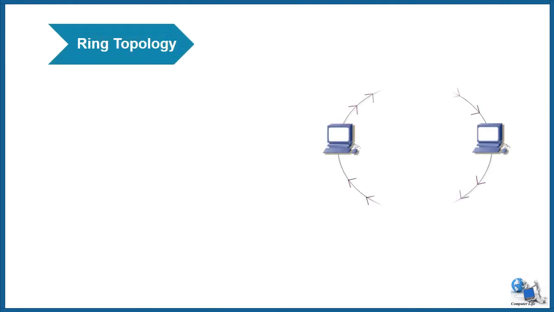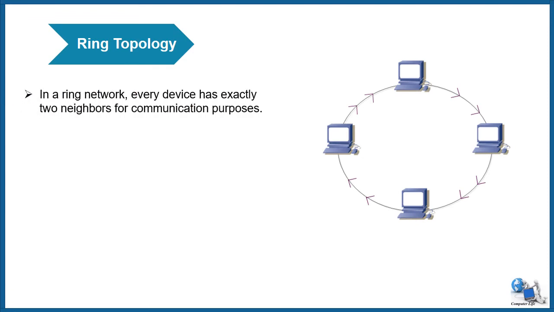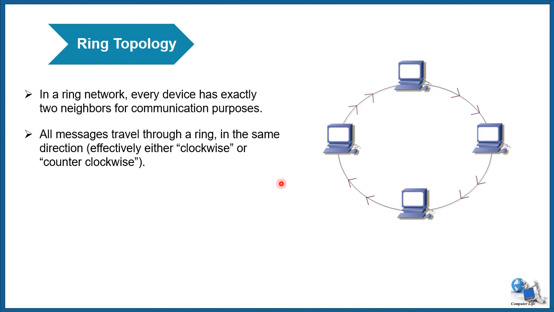Its infrastructure is such that in a ring network, every device has exactly two neighbors for communication purposes. In the diagram, you can note that if I select this computer system, it has two neighbors, this one and this one. All messages travel through the ring in the same direction, either clockwise or counterclockwise.